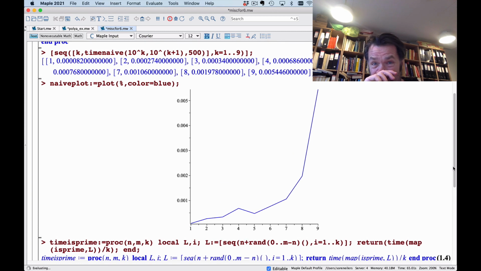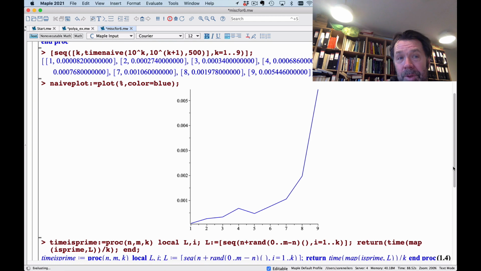So what happens here is that I've taken the average over 500 tests of primality with my naive algorithm, and you can see, of course, that it grows very quickly. But it's actually not so fast, in the sense that I'm feeding numbers that are getting bigger and bigger.